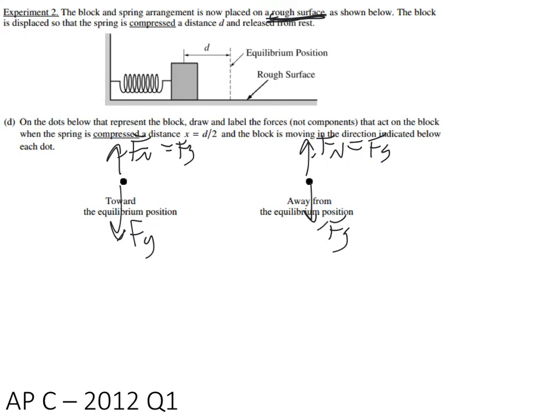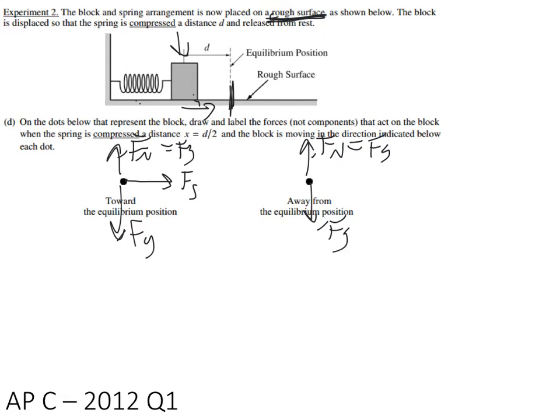Alright? Now we have to think about the spring force. When it's moving toward the equilibrium position, that must mean it's here. That's one thing to remember. So the spring's compressed, and this is the equilibrium position. In the first part where it's moving toward the equilibrium position, the spring is pushing it to the right, because that would be towards the equilibrium position.